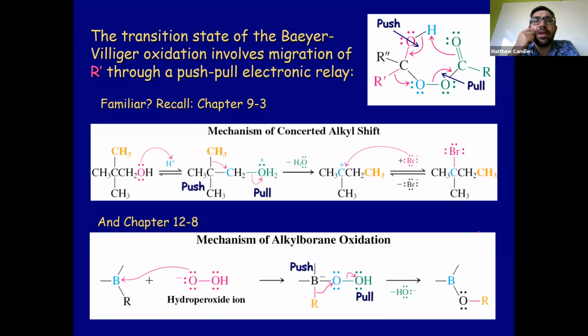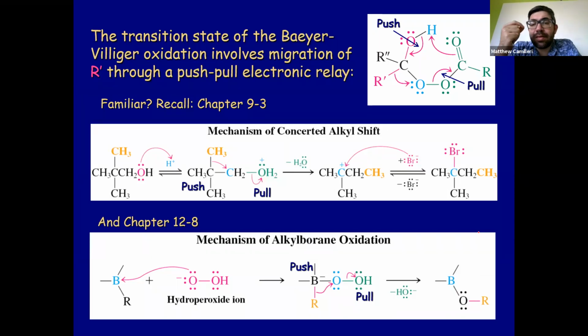The transition state involves migration of an R group, okay, and this will end up being very useful because you will end up migrating an R group that we haven't done a lot. So you are migrating an alkyl group.